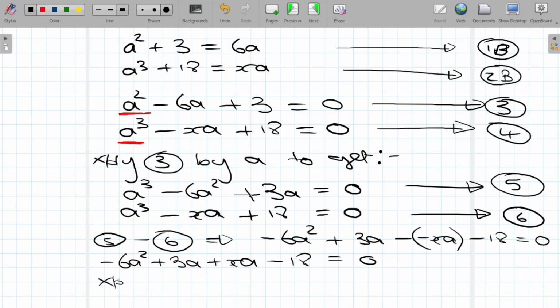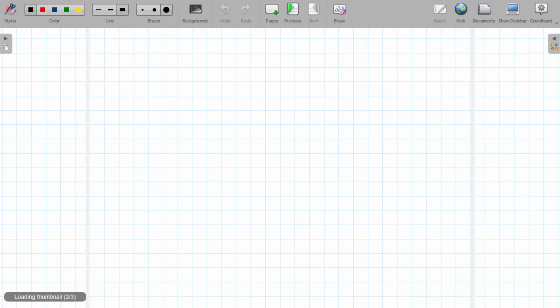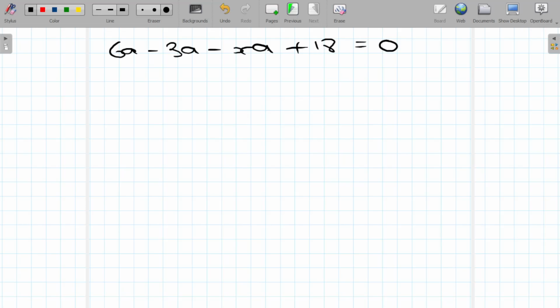So we get 6a squared minus 3a minus xa plus 18 equal to 0, right?